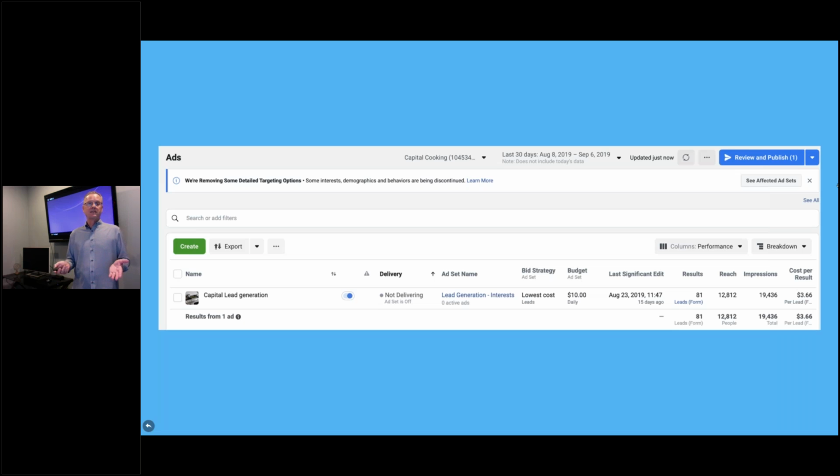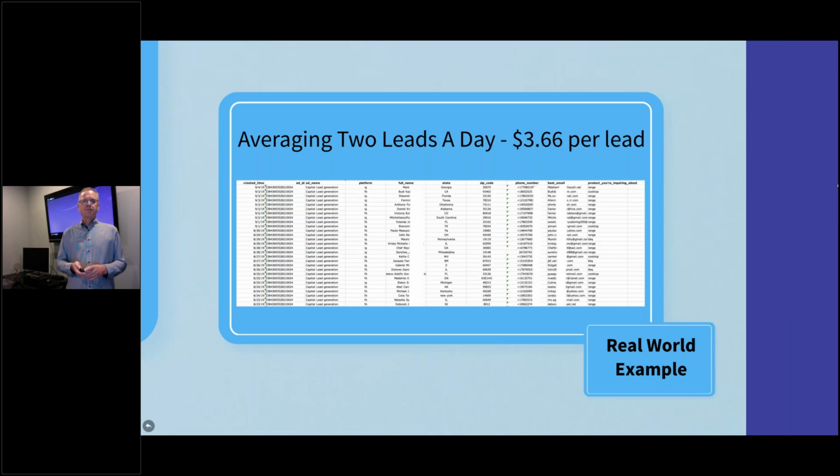And also take into consideration that the average cost for this customer's products is between $6,000 and $10,000, and you're able to supply them leads at $3.66. It's safe to say that they're pretty happy with what we're able to bring. So averaging 2 leads a day at $3.66 on approximately $10 a day spent.